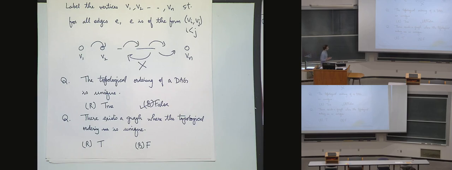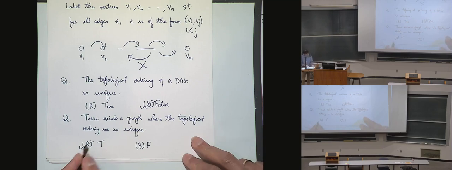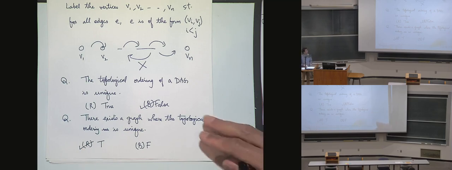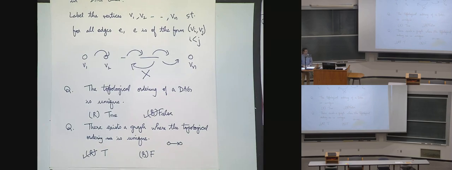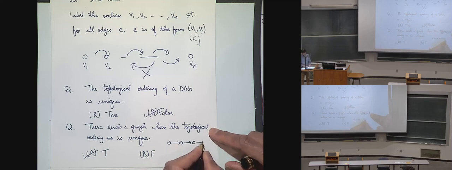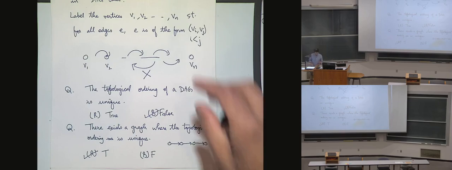There exists a graph where the topological ordering is unique. The answer is yes, true. What is that example? You just basically do this. You could just put 2 vertices. That's it, right? So there's that graph. You could even just take 1 vertex. Anything which looks like this, there is a topological order which is unique.